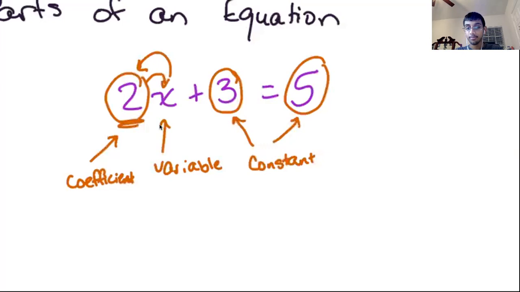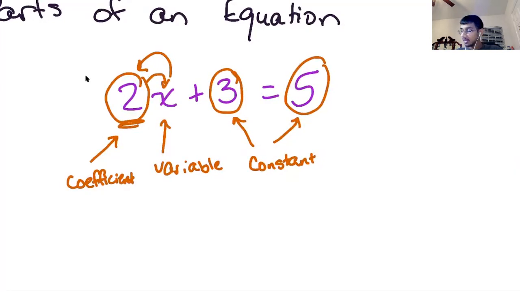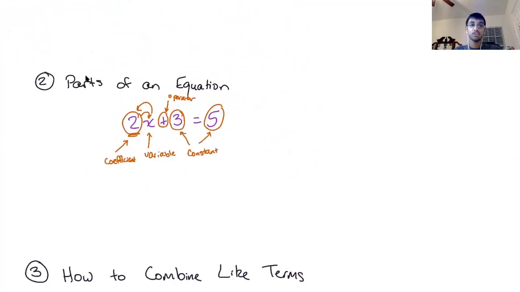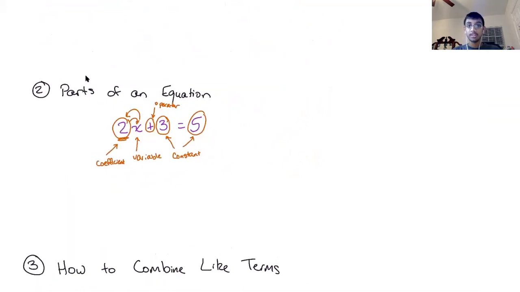And that's all you need to know. And finally, your teacher may call this middle part right here the addition sign or the subtraction sign or anything that's an operation. They would call that an operator. These are just some parts that you may see if your teacher used that on a test. That's what those words mean. So you may just want to know what those mean just in case.